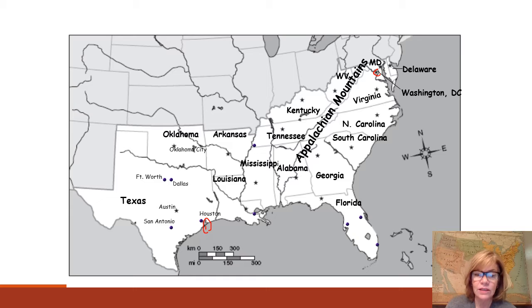Okay, there's Austin, which is the capital, and then San Antonio. Those are the major cities there, and all of those cities are growing rapidly. And as I told you before, Houston might be overtaking Chicago as the third largest city in the United States. Okay, and then that's the Rio Grande River. We talked about that, or you had that assignment last week. The Gulf of Mexico. That's Mississippi River.